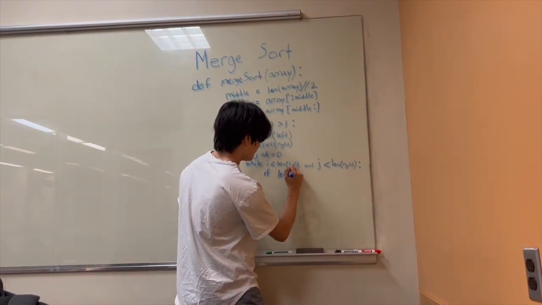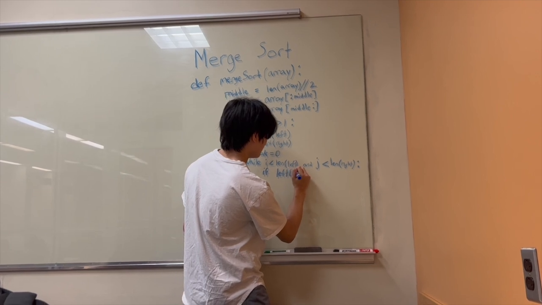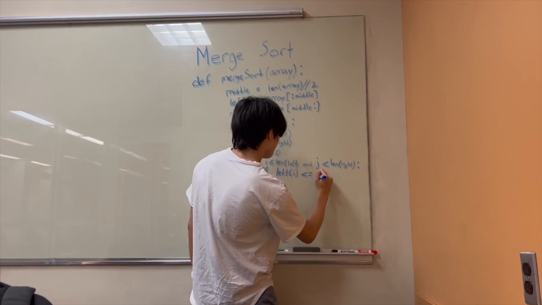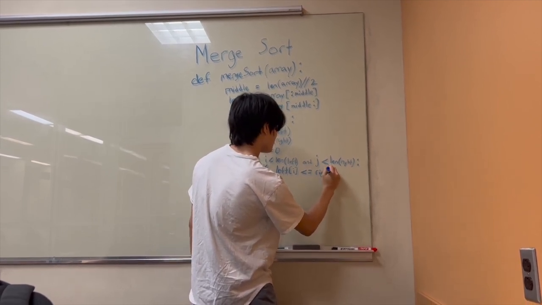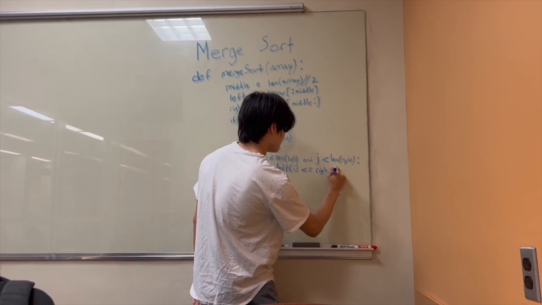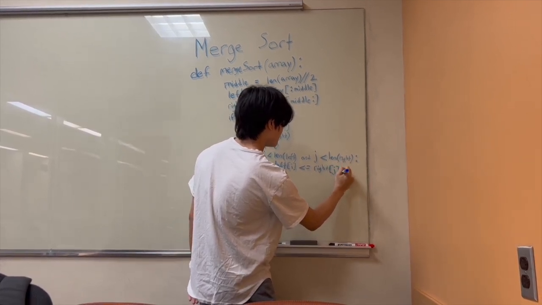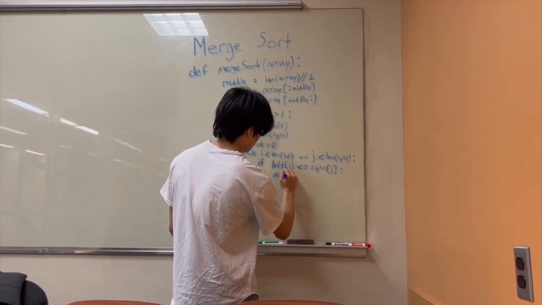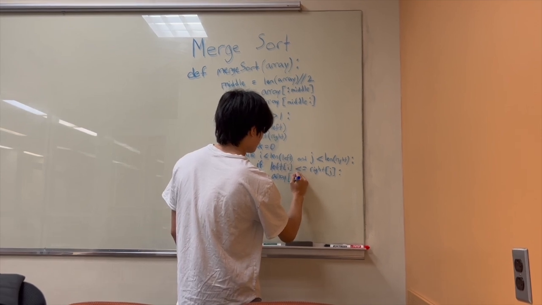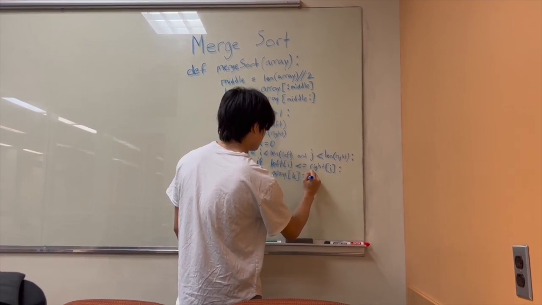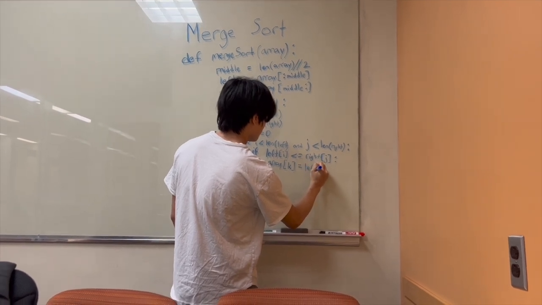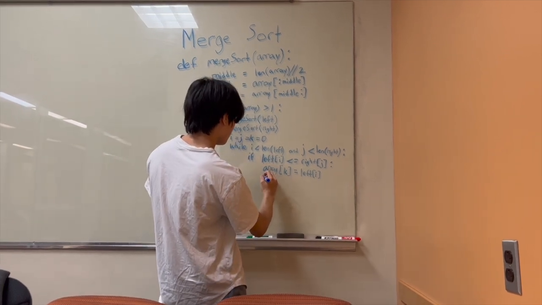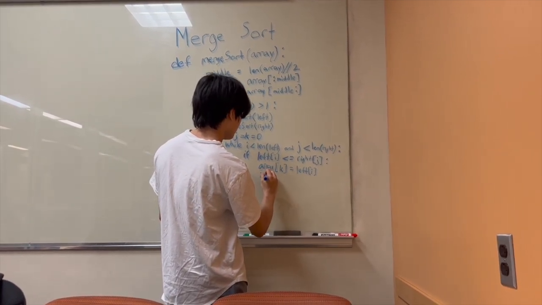So we have if left i is less than or equal to right j, we'll have array k equal to left i. And then after that, we'll increment i by 1 to go to the next value.